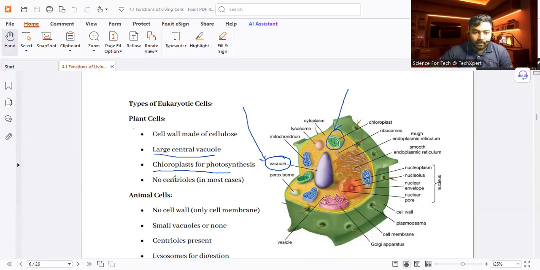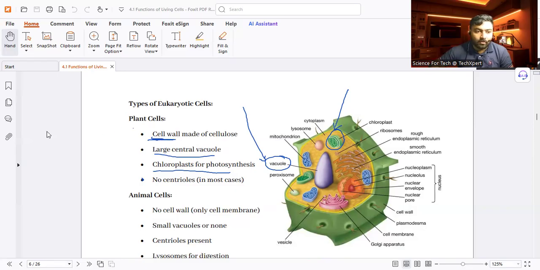Okay. Then there are no centrioles. This is not very important for you. But when we talk about the cell wall, an animal cell doesn't have a cell wall.